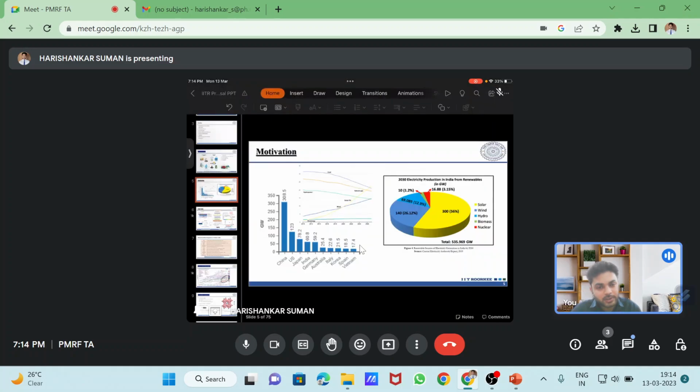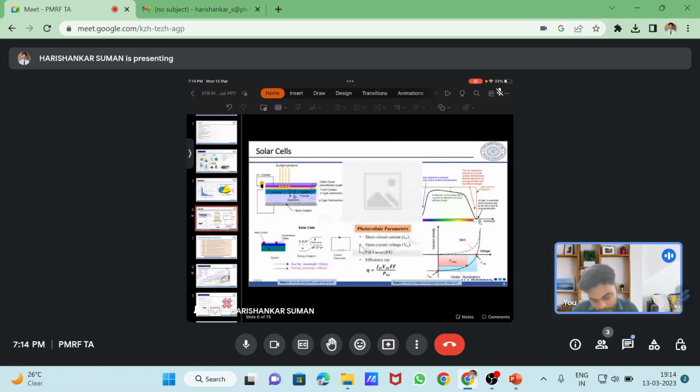This is the potential for our solar cell. 2030, 56%, I think 500. Yes, 500 gigawatts. And the working principle is also there.